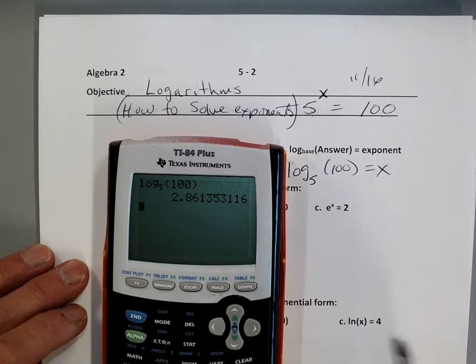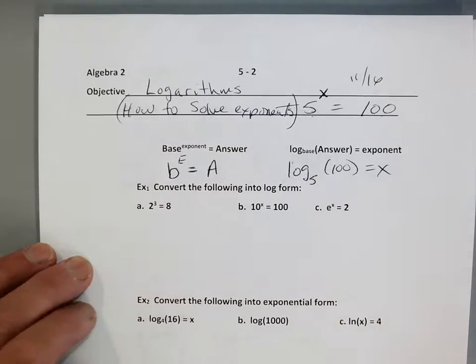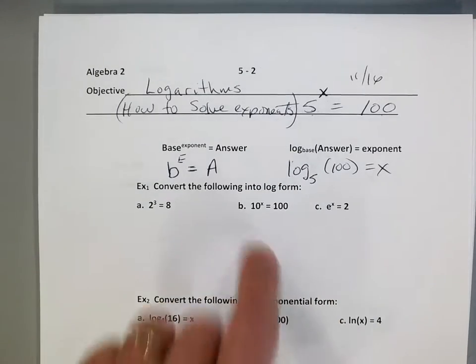Well, I knew it was between 2 and 3, so if I go 5 to that power, what do you know? So logarithms are kind of handy. They help us solve for these things.